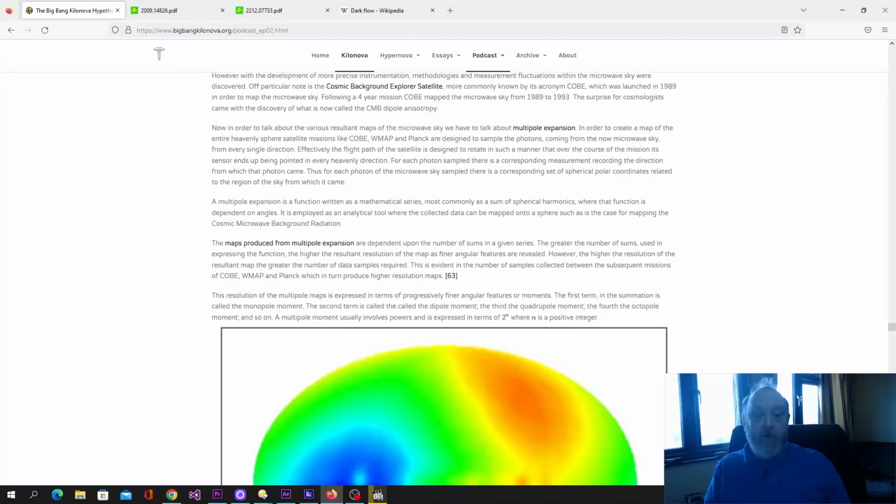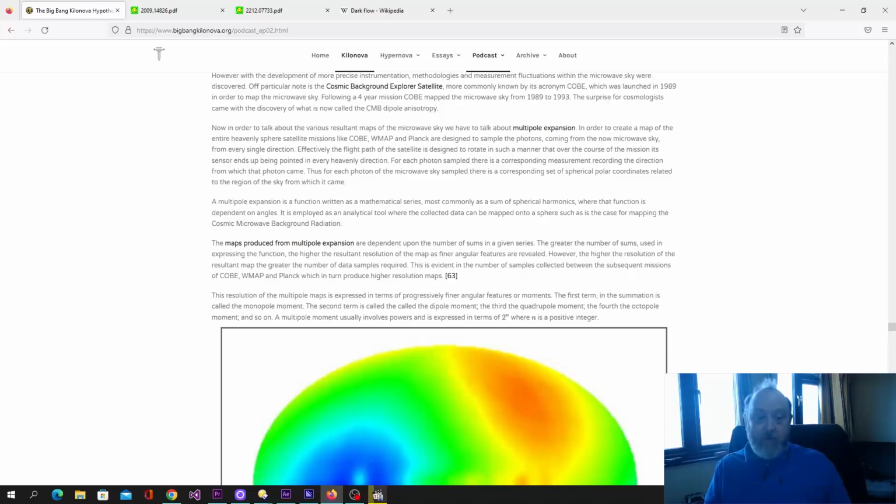A multipole expansion is a function written as a mathematical series, most commonly as a sum of spherical harmonics, where that function is dependent on angles. It is employed as an analytical tool where the collected data can be mapped onto a sphere, such as the case for mapping the cosmic microwave background radiation.